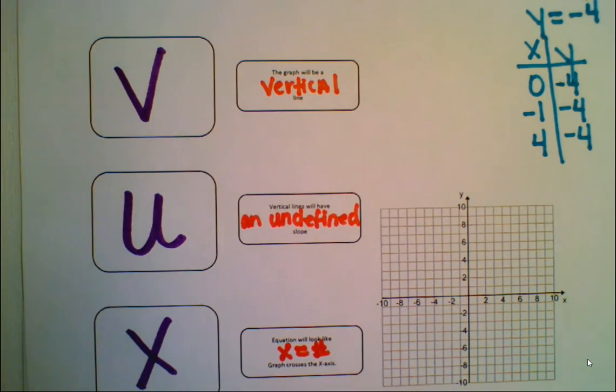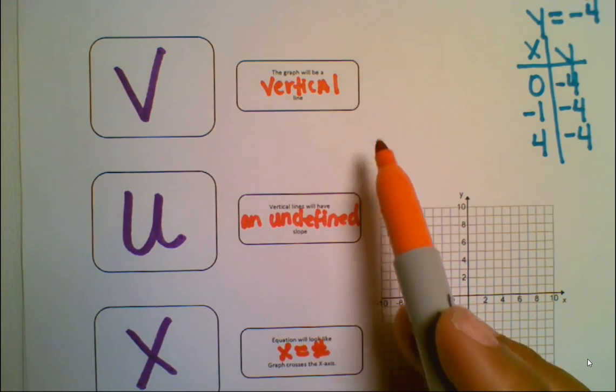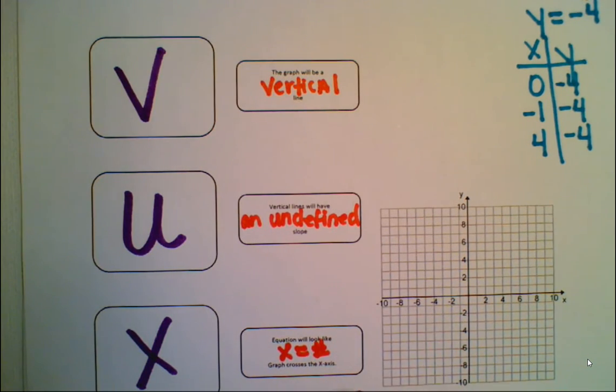VUX, V-U-X: vertical line, undefined slope, x is equal to some number.